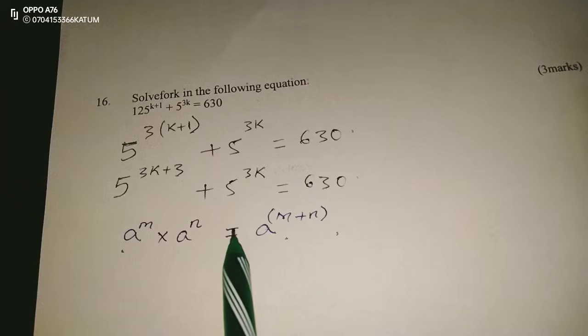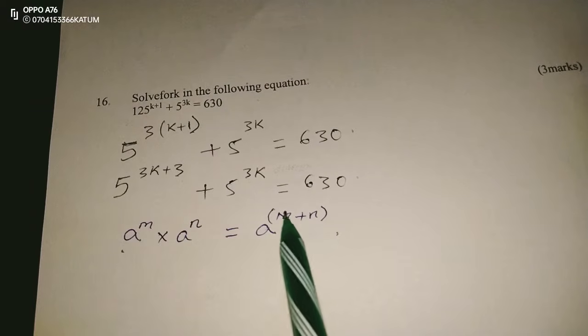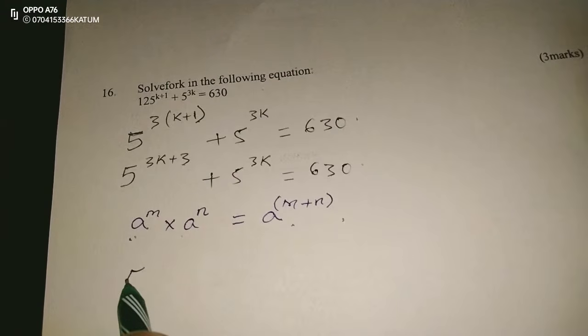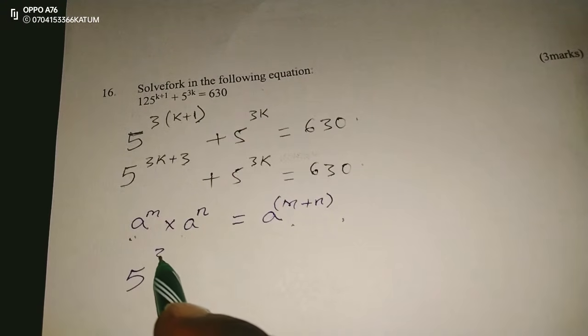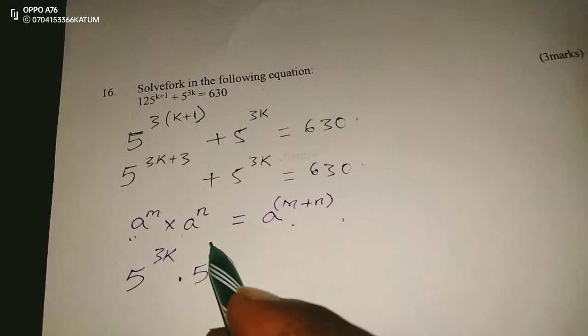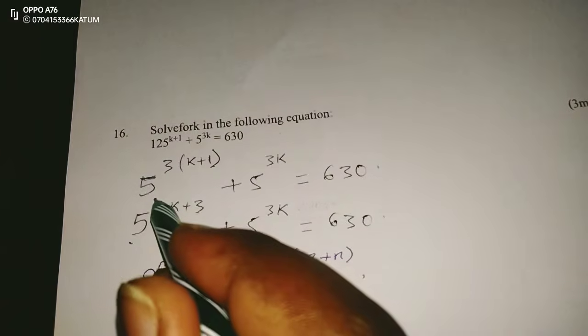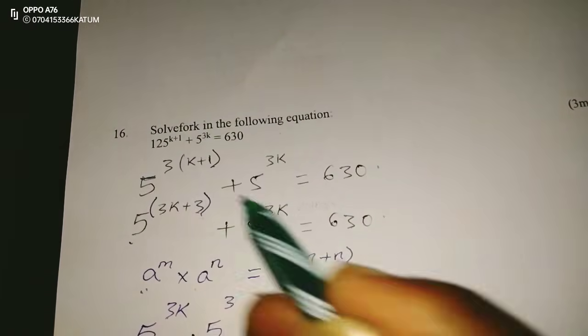Now that we have them added, there is this step whereby we will take 5 raised to 3k multiplied by 5 raised to 3, instead of this step whereby they have been added.